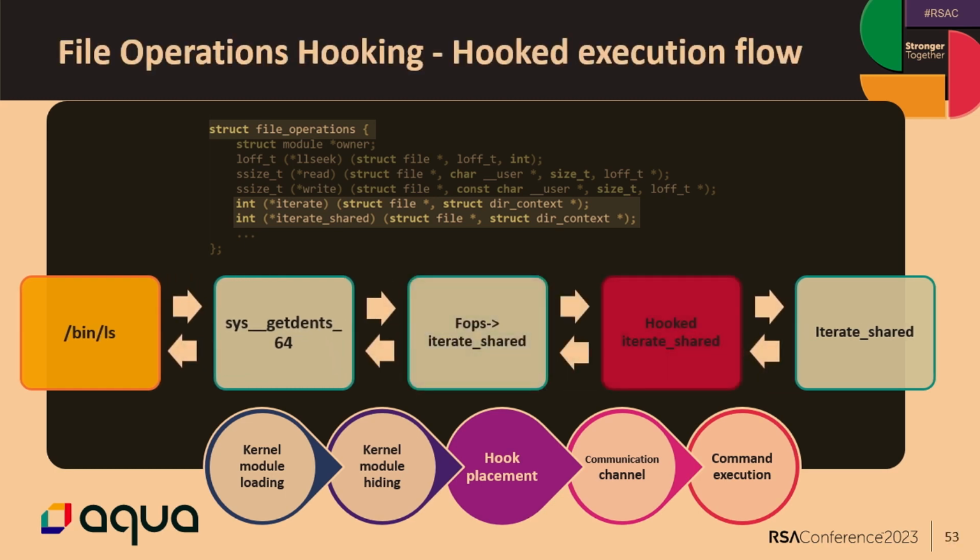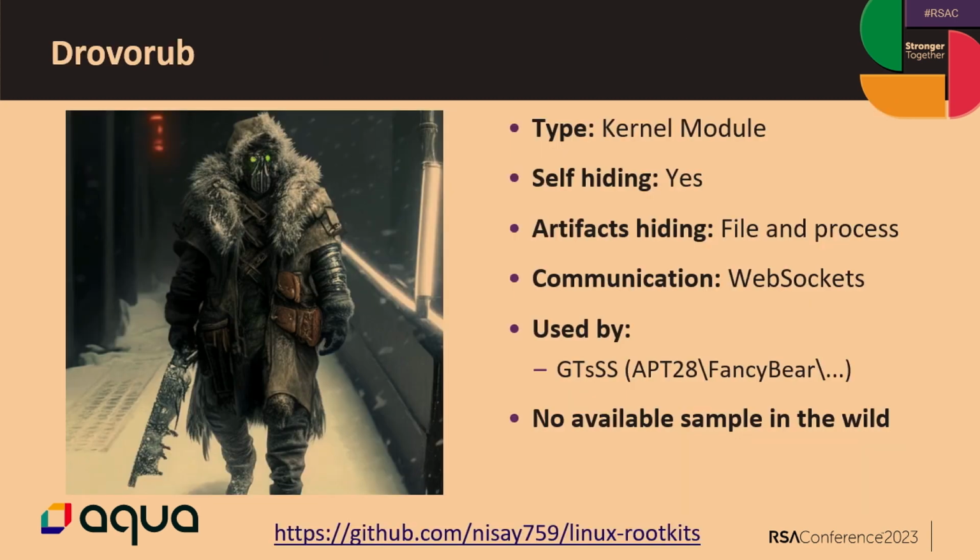And by doing so, they're able to capture the response back into user space and remove any artifacts from those results. This can happen for both files and processes, as processes in Linux are represented as files. So this is how file operation hooking works.